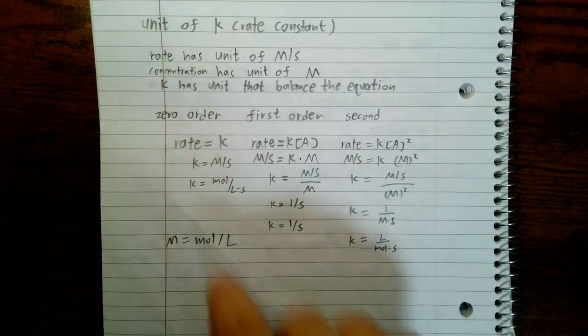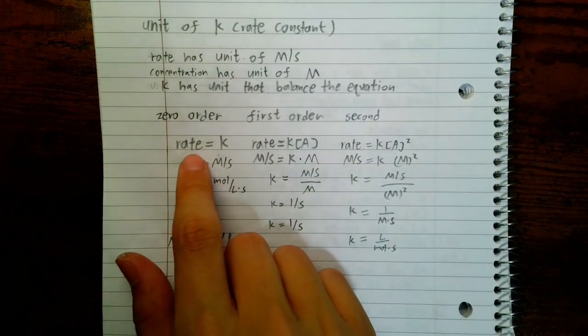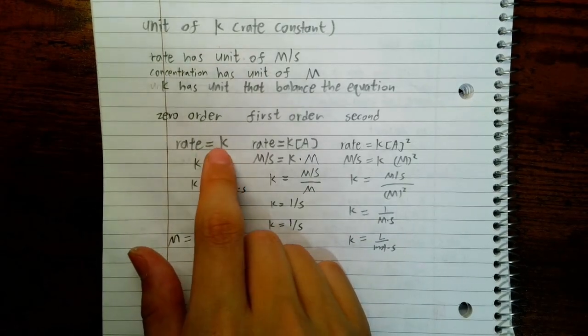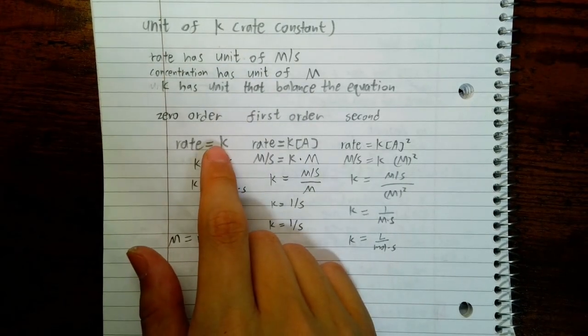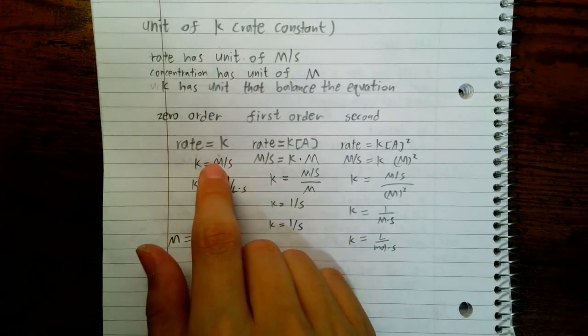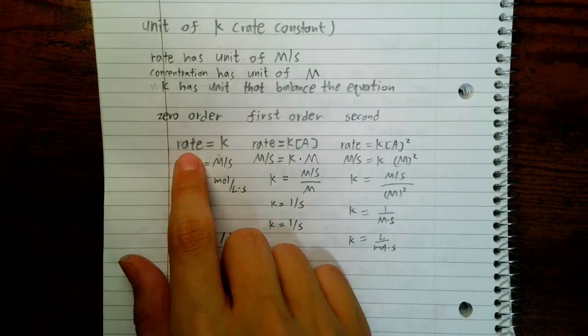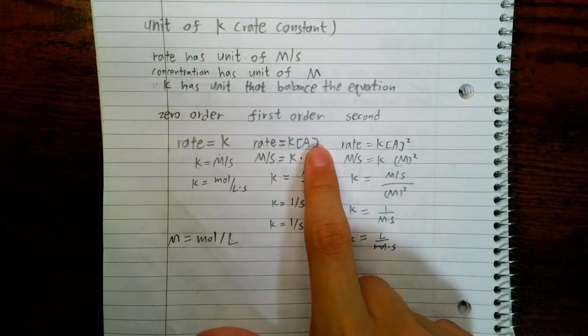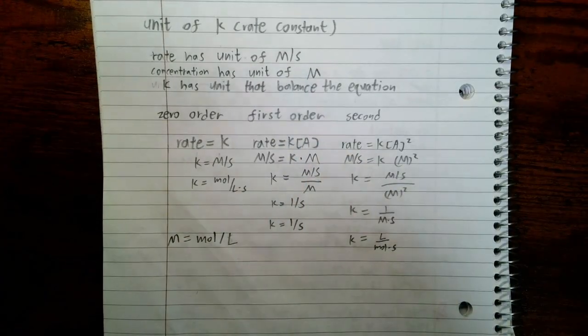So here, we plug in that rate is equal to M over s, and K is just something that we need to find. And here we can see that K is directly equal to the unit of rate. In the first order, we now have the concentration of a certain reactant.